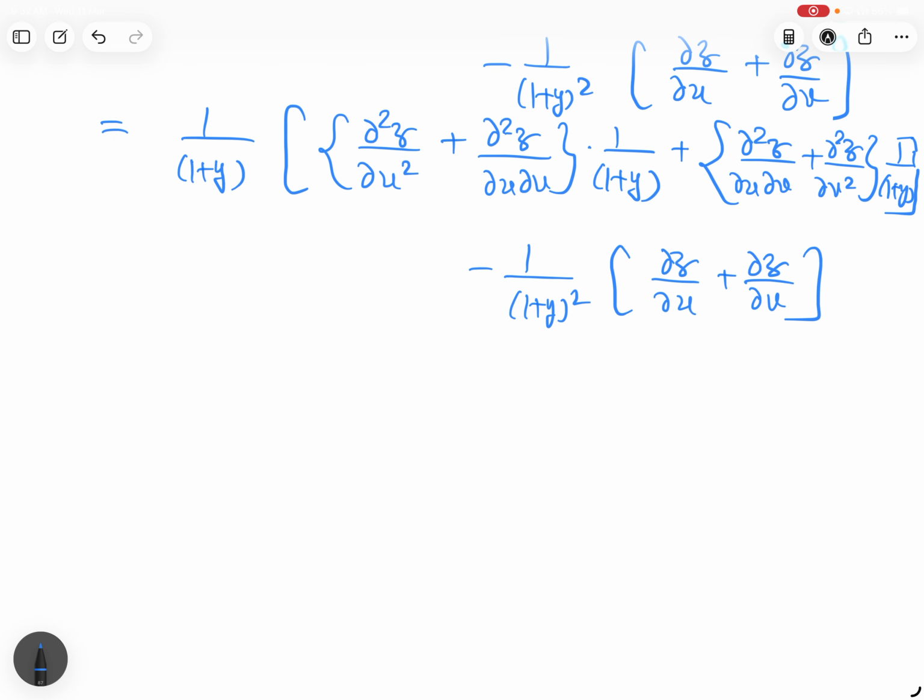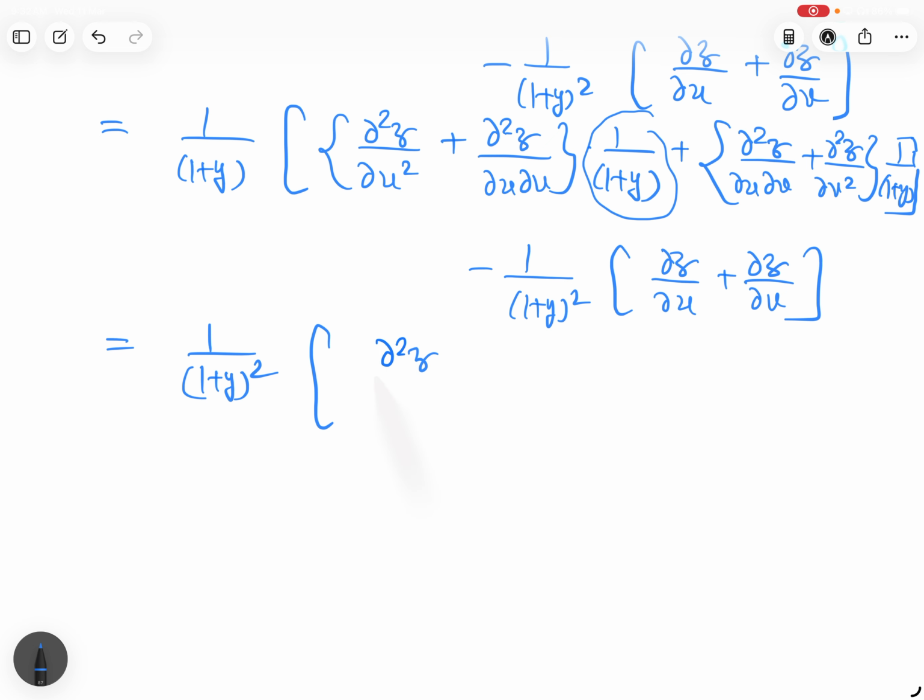Now open this, multiply inside. So if we multiply inside, what will we get? 1 plus y whole square. So if you see, from here this part 1 upon 1 plus y will come out. You take it common outside. So what will you get? From here I can also take common. This term. So what will you get?